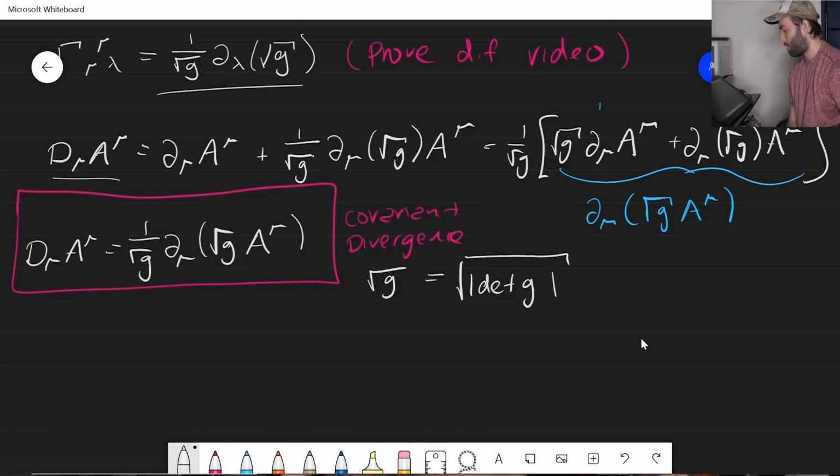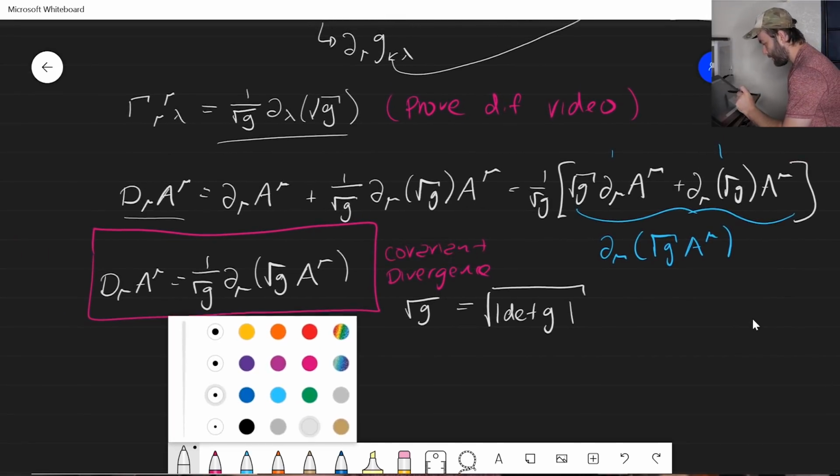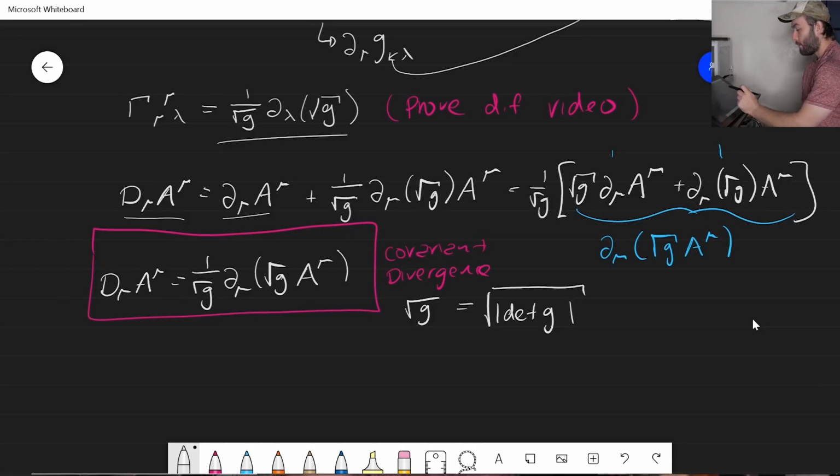Now we can just work on making sure that it's consistent with what you've seen in the front of Griffiths or something. One comment that I do want to make before we do that: if we take a look at this term here, this is a derivative with respect to a coordinate of the vector. Derivatives with respect to coordinates do not necessarily have units of 1 over distance, as we've shown.